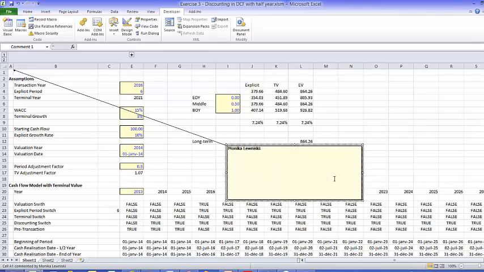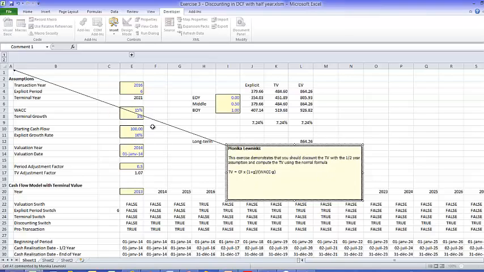The whole point of this exercise is that it demonstrates that you should discount the terminal value with the half year assumption and compute the terminal value using the normal formula: TV equals CF times 1 plus G, no need to make any sort of adjustment to the growth rate, divided by the WACC minus the growth rate.